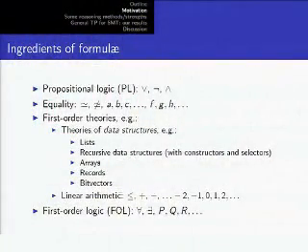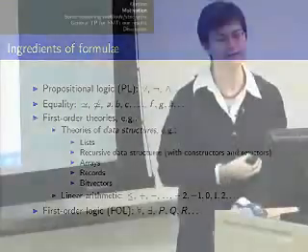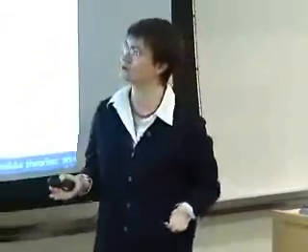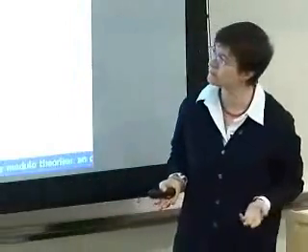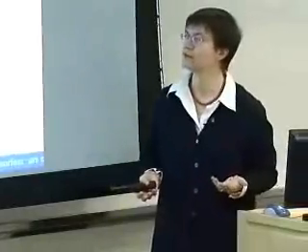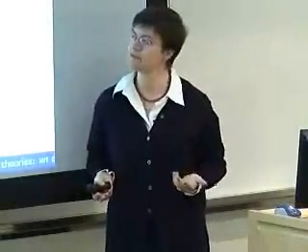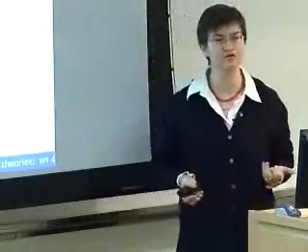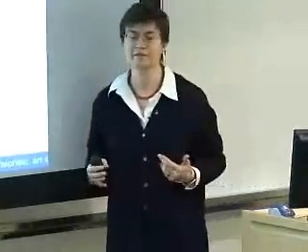Now, what do we have in formulae? In formulae, we have various ingredients, beginning with propositional logic, with the usual connectives and propositional variables. We shall have equality, positive or negated, with so-called uninterpreted constant symbols, a, b, c, and function symbols, f, g, h. Uninterpreted means that they are free.